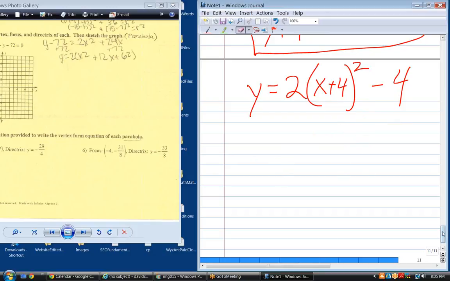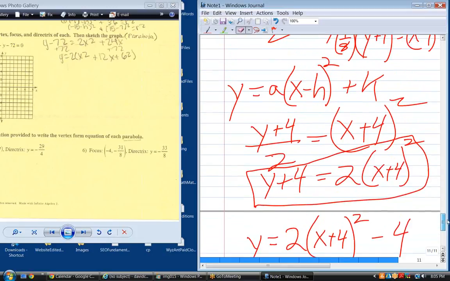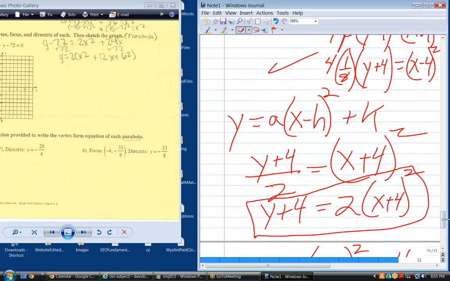Now, could I have solved it without going through this format? In other words, could I have taken the information they gave us and put it directly into here? Well, I knew what h and k was, but I didn't know what a was. I knew what p was. P is 1/8.